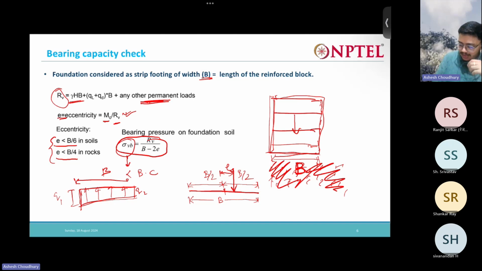You will have tension that develops at one side, that is negative pressure. Due to that, there won't be any contact between the foundation and the soil, as soil is weak in tension. It cannot take tension. So due to this tensile pressure, the contact will be lost between the base and the foundation soil.